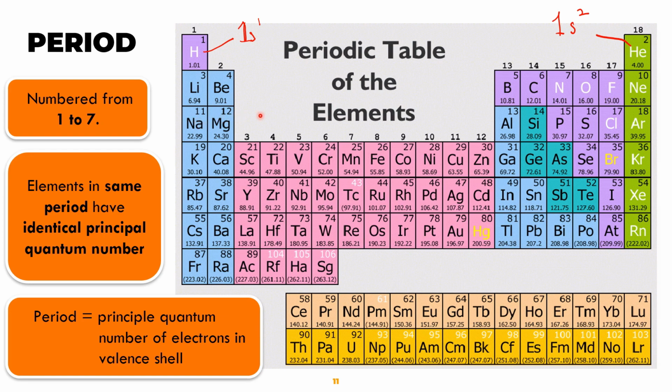Elemen yang berada dalam period yang sama, okay, contohnya kita bezakan antara sodium dengan klorin sekarang ni. So bila awak tulis electron configuration for sodium dengan klorin, you boleh tengok pada valence shell untuk kedua-dua atom itu, nanti nilai n, okay, that is principal quantum number will be the same.